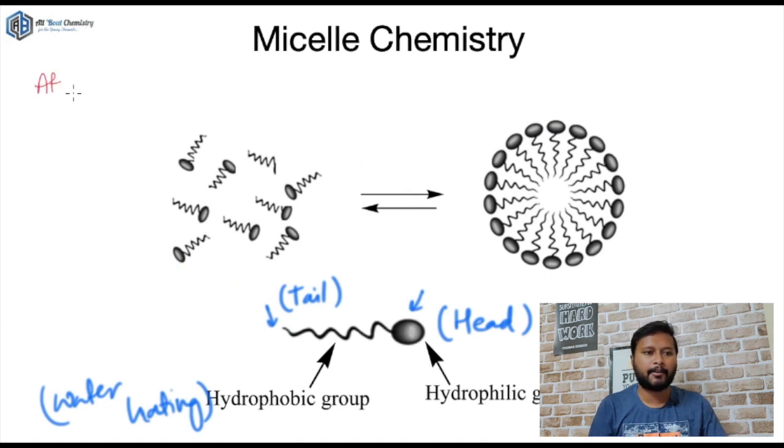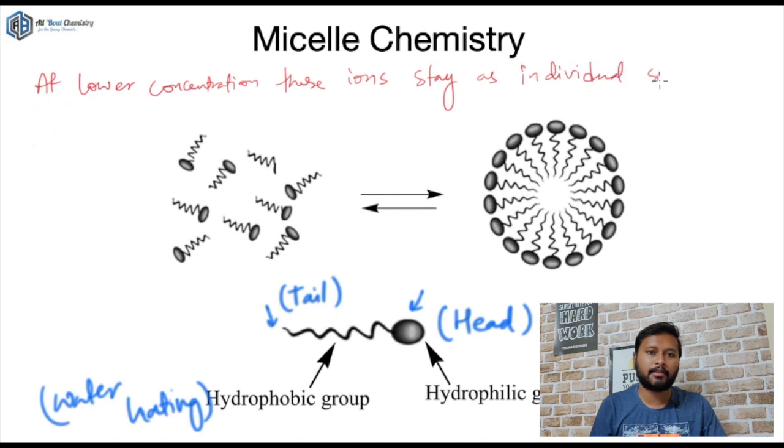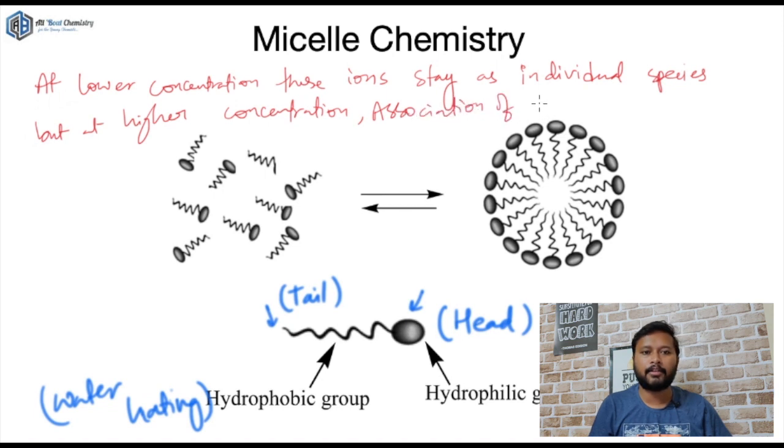At lower concentration, these ions stay as individual species, but at higher concentration, association of these ions takes place, forming an associative colloid or micelle. So this is what happens.